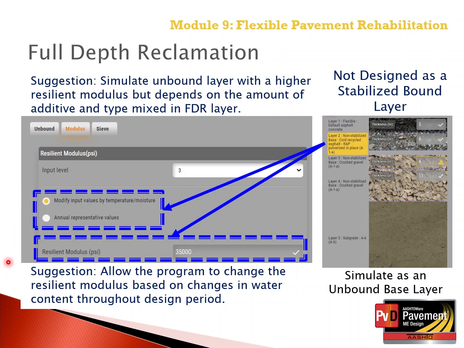Also, Module 6-2 on semi-rigid pavements also provided some recommendations from adding cementitious type materials as part of the full depth reclamation. And then the same type of thing would apply to adding bituminous type materials, foamed emulsions, asphalt emulsions, to the full depth reclamation layer.